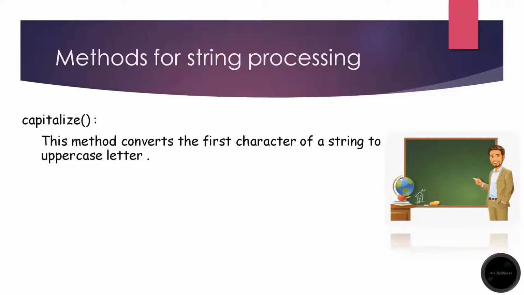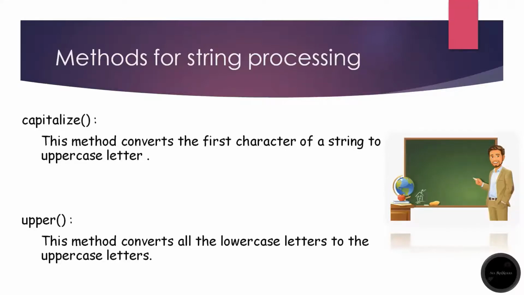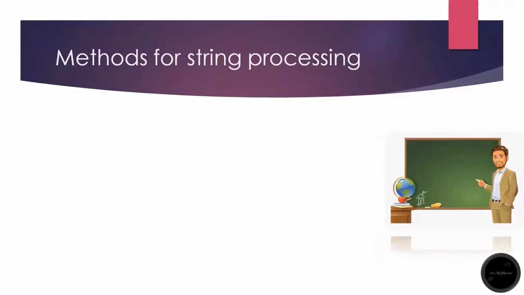Then we have the upper method. This method converts all the lowercase characters to uppercase characters. Like if you have a word like Jeet, and all the letters are in lowercase, then by using upper, you can convert all the letters to uppercase. Then we have lower.